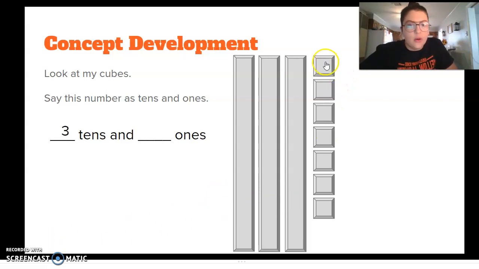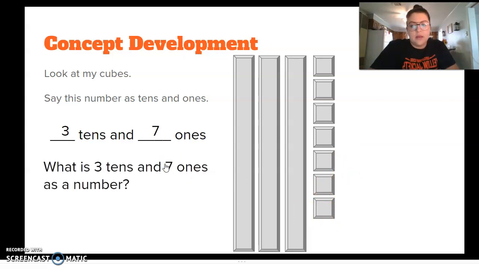Let's count. 1, 2, 3, 4, 5, 6, 7. 7 ones. So what is 3 tens and 7 ones as a number? Well, we know that 3 tens is worth 30, and 7 ones is just 7, so we have 37.